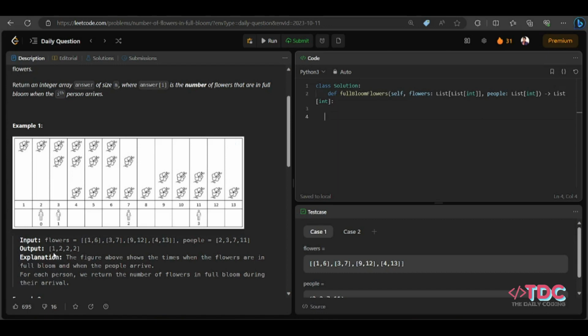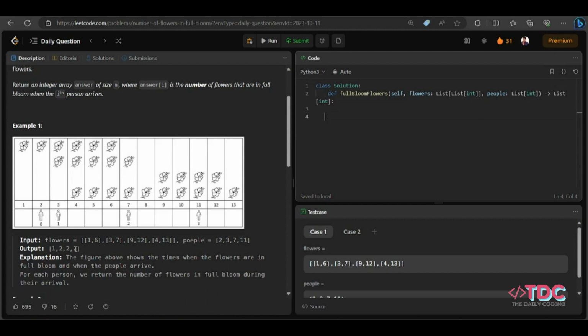The fourth person arrives at time 11, and he sees two flowers in bloom. So the answer is 1 2 2 2.